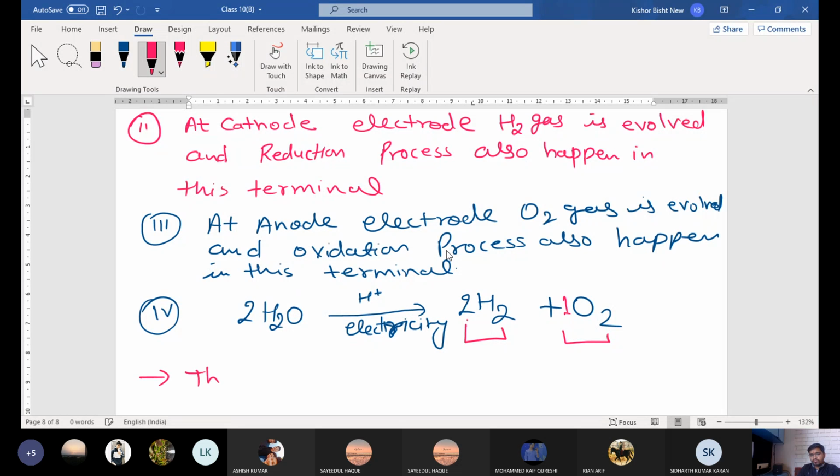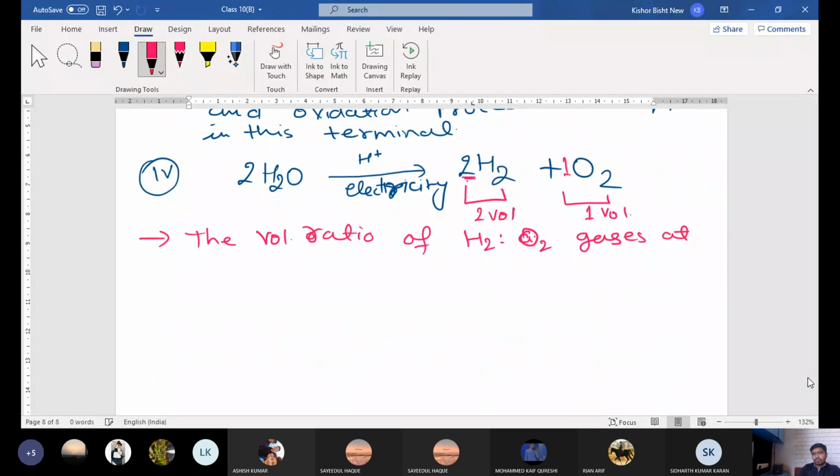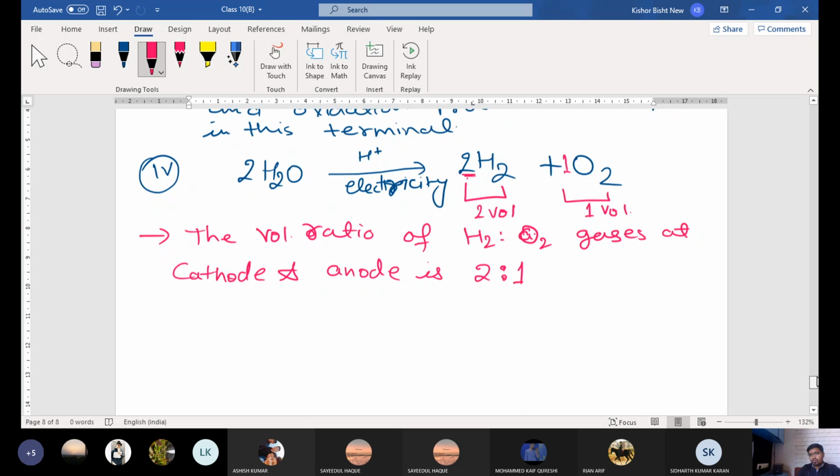This is 2 volumes and here is 1 volume. The volume ratio of hydrogen and oxygen gases at the cathode and anode is 2:1.